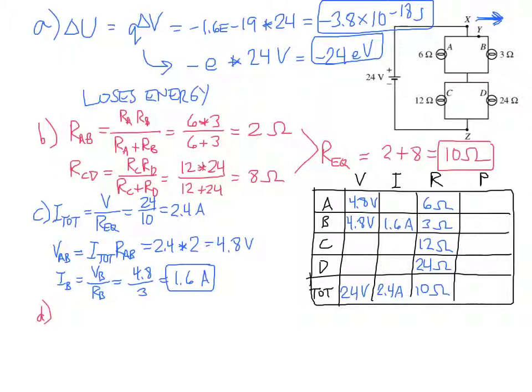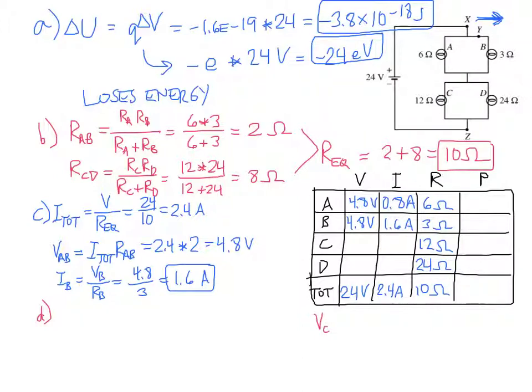So the current through bulb A can be found just by doing Ohm's law with this voltage and this resistance, and that gives you 0.8 amps. Then you could do a similar technique to what you did here. We got the voltage across A and B. You could also get the voltage across C and D. I'll just put it down here.